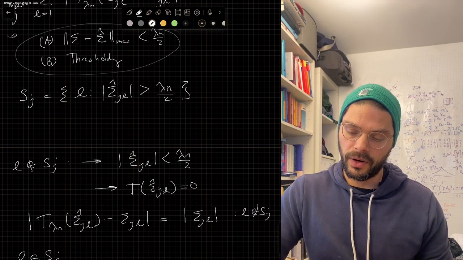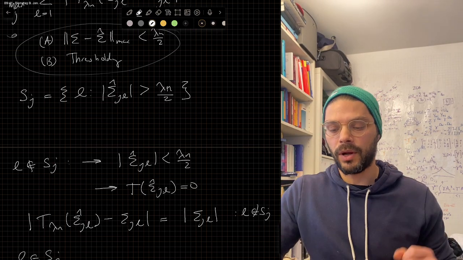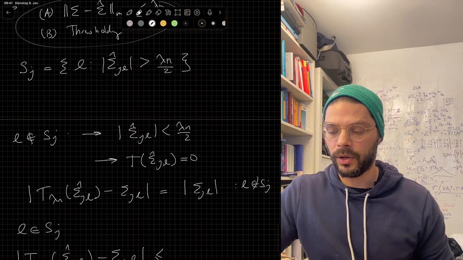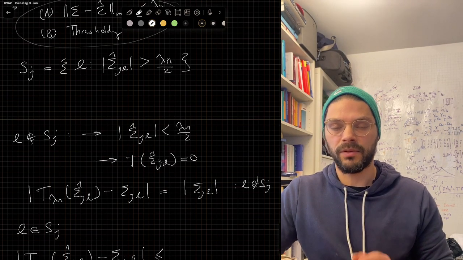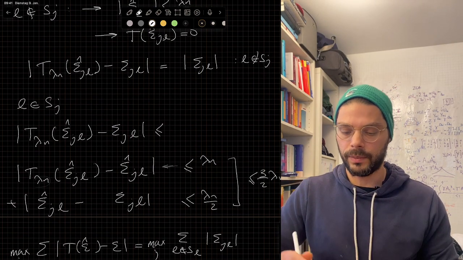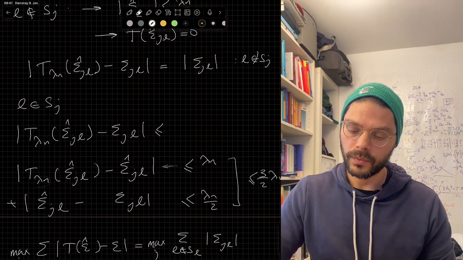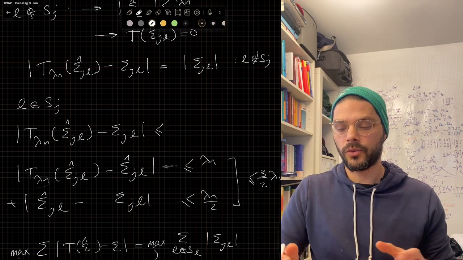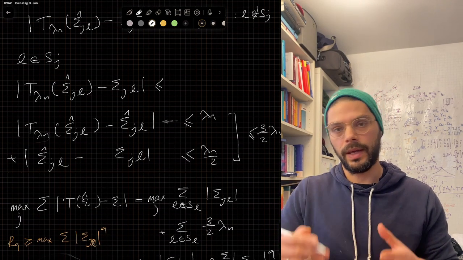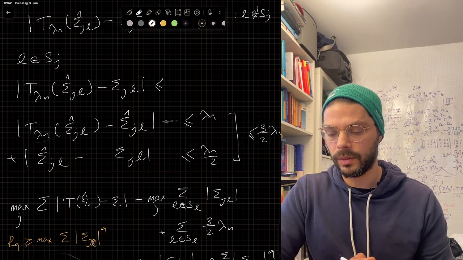Now for the small values that get thresholded away, their components are just the sum of the absolute values of the true covariance matrix, which we relate to R of Q directly. And for the ones that are large, we apply the triangle inequality to, again, relate them to this thresholding parameter.